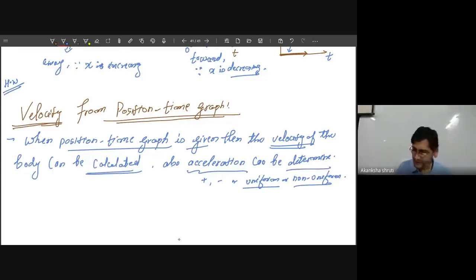It is not only velocity, even acceleration can also be determined. Now in acceleration, at least something we can determine very easily without any kind of calculation, like whether the acceleration is increasing or decreasing, whether the body is in non-uniform acceleration or uniform acceleration.